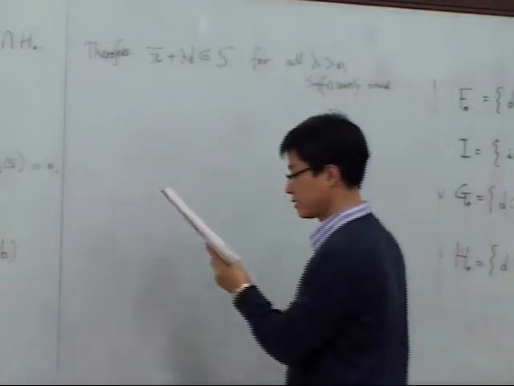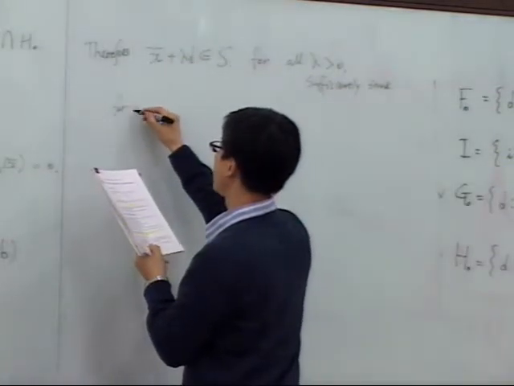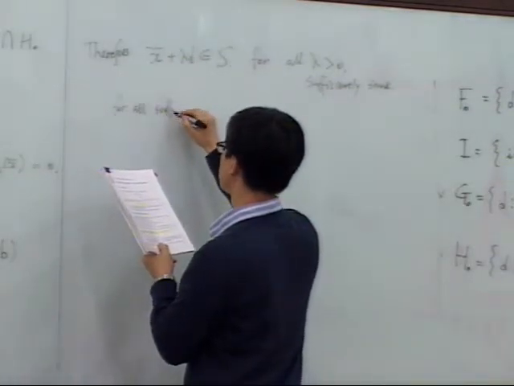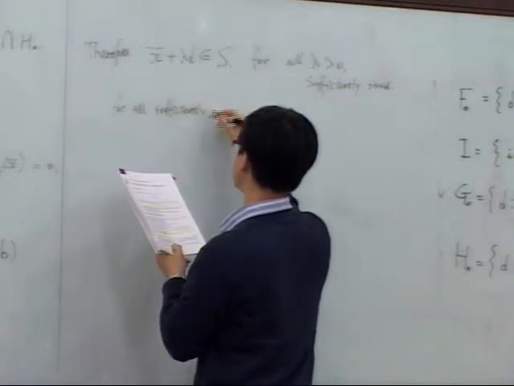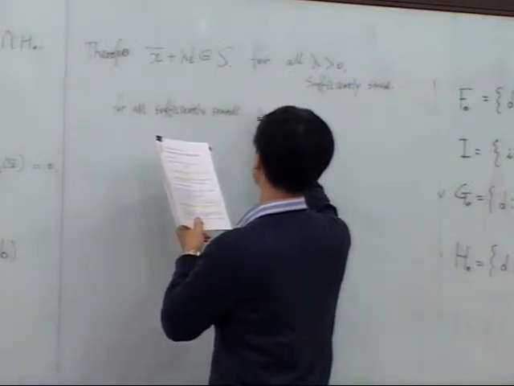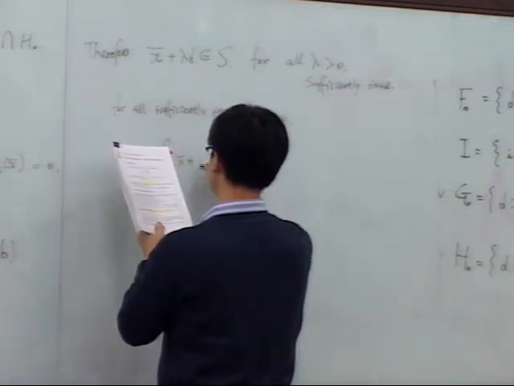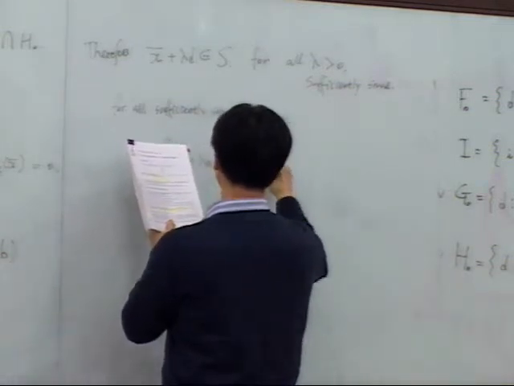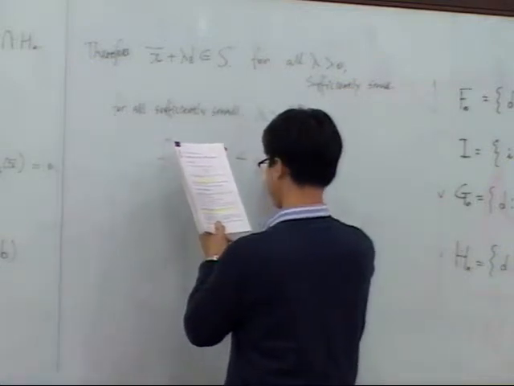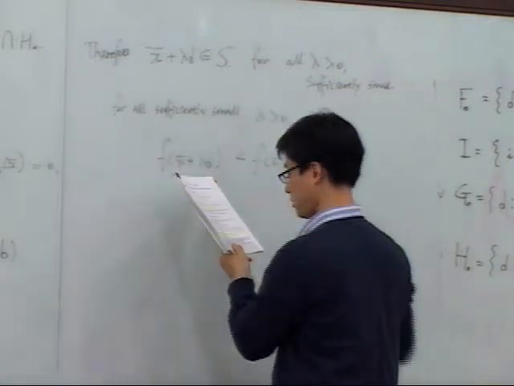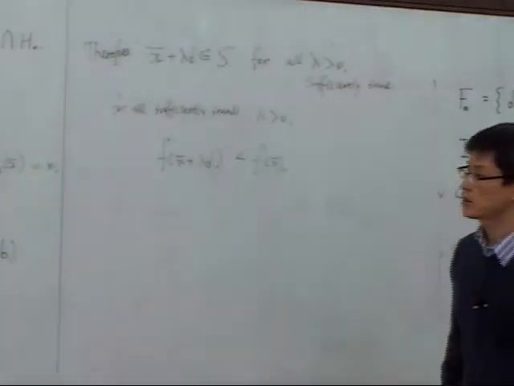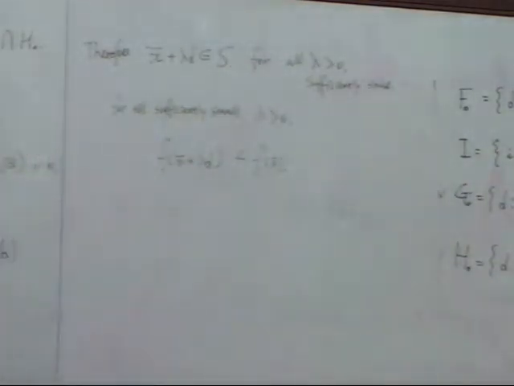On the other hand, for all sufficiently small non-zero lambda, f at x bar plus lambda d should be less than f at x bar, and this contradicts that this is a local minimum of P, so it is the empty set.